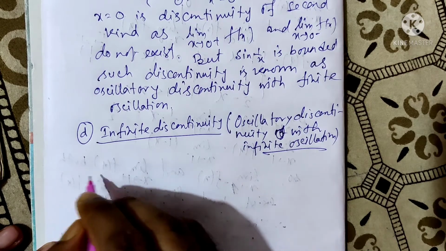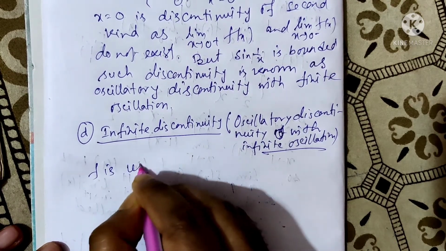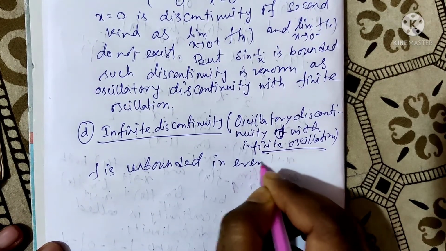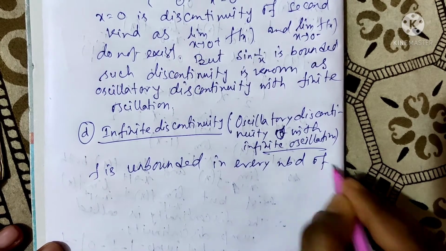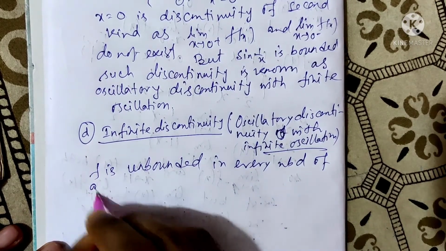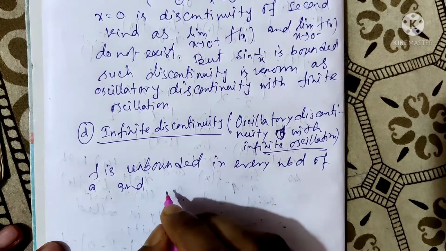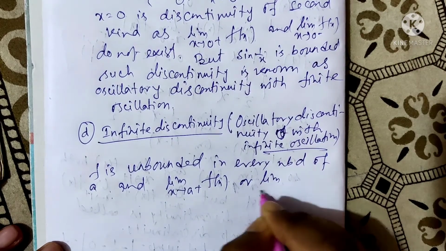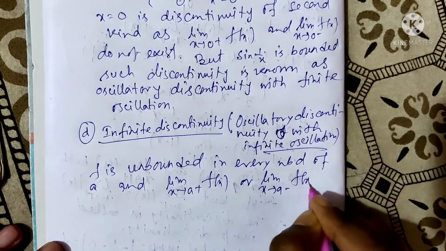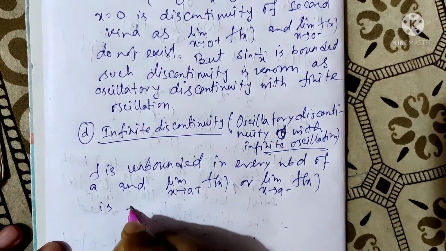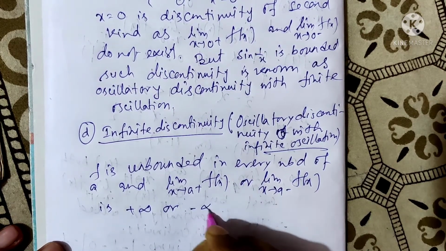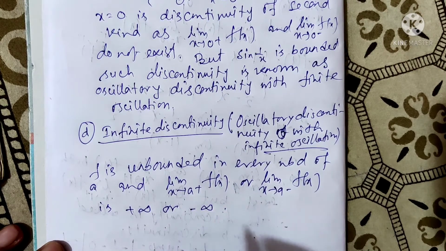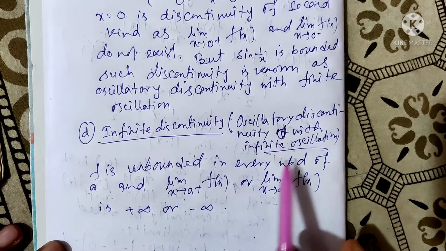First of all, f is unbounded in every neighborhood of a, and the limit as x tends to a plus of f(x) or the limit as x tends to a minus of f(x) is plus infinity or minus infinity. If this happens, this kind of discontinuity is called infinite discontinuity or oscillatory discontinuity with infinite oscillation.